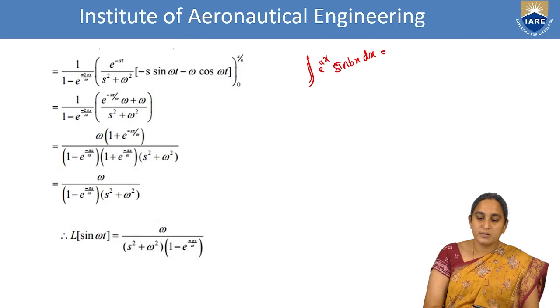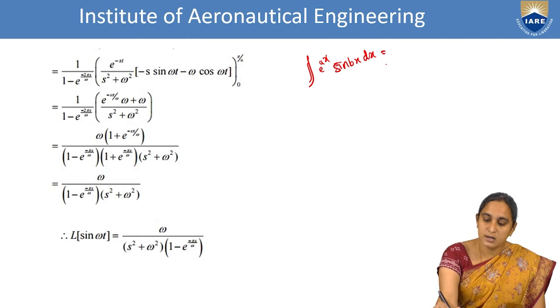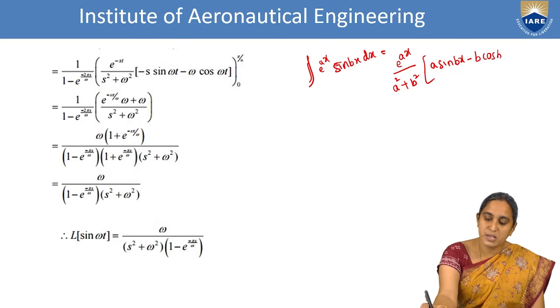What is the formula for that? The integral of e^(ax) sin bx dx is equal to e^(ax) divided by (a² + b²) times (a sin bx − b cos bx).